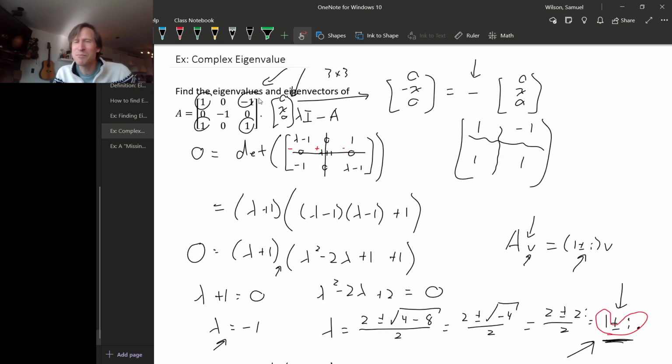And if you think about rotations in 2 dimensions, they don't leave any direction fixed. They change all the directions, and that means that there's no special directions for an eigenvector to point in, and so there's no real valued eigenvectors. So in the 2x2 case, you get complex eigenvalues when you're dealing with some sort of generalized rotation, and that's what is happening in the xz direction in this particular example.